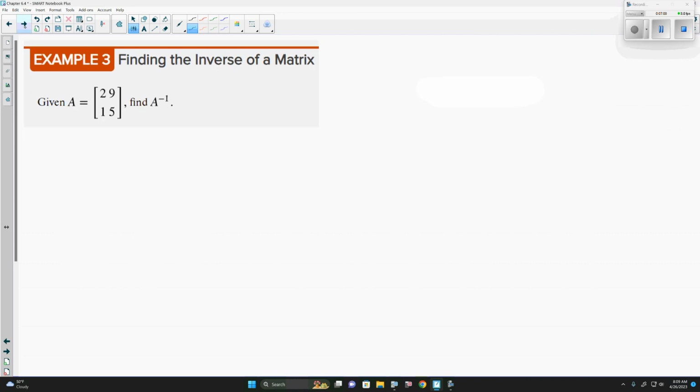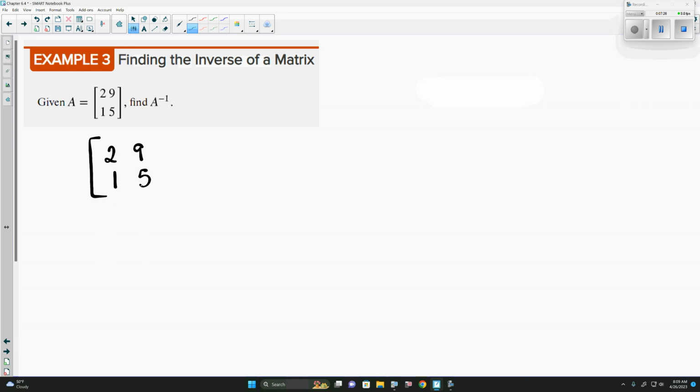So we're going to find the inverse of matrix A. Now, in Algebra 2, we went over a way because there was a set formula, and we will go over the formula for how to find the inverse. But we're going to do it a little bit different because there is another way to actually find the inverse.